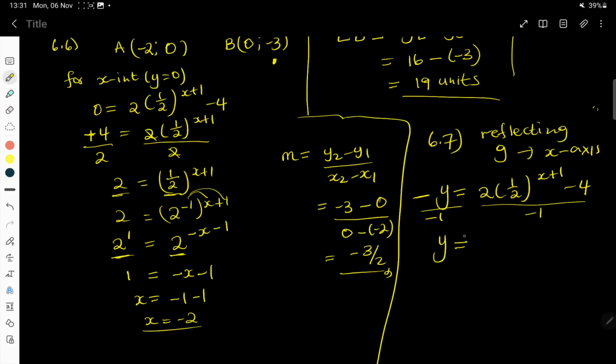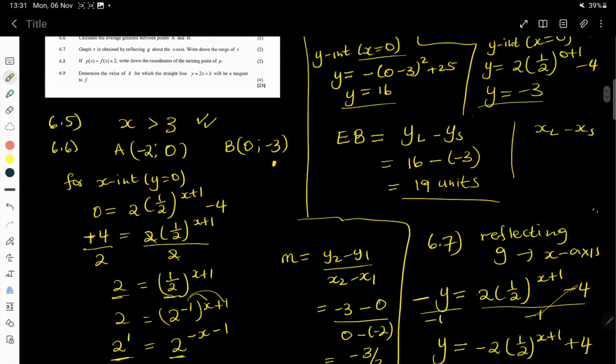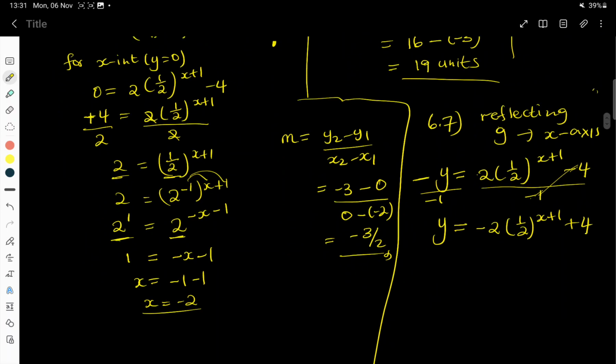Then it's going to be y equals, then it changes this term, so it's going to be negative 2 (1/2)^(x+1). Then it changes that one also, it's going to be plus 4. So they are looking for the range of T. Remember I said the range will be determined by the asymptote.